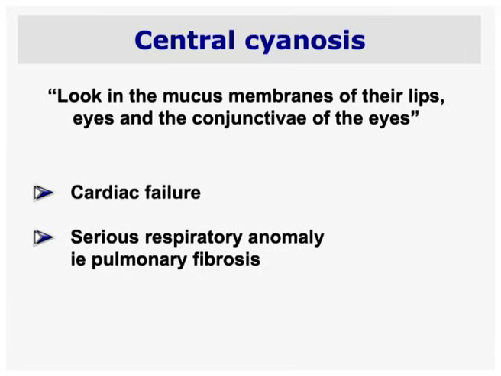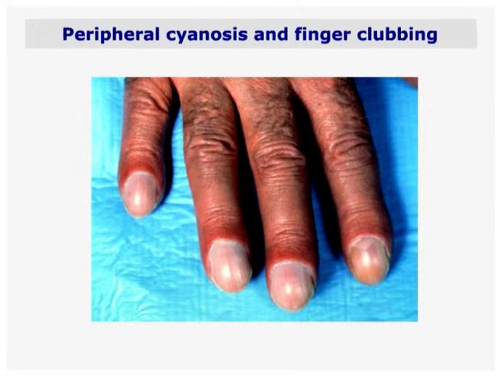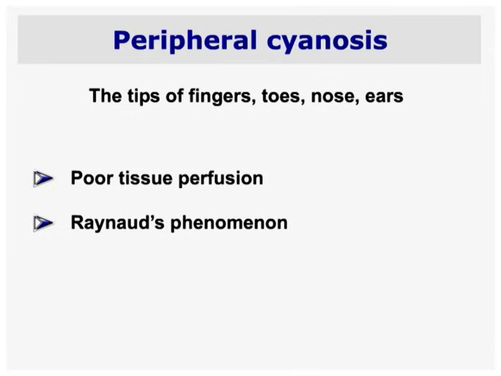Respiratory conditions include pulmonary fibrosis or any other condition which leads to a serious limitation of airflow. Peripheral cyanosis may be observed in the exposed areas such as the tip of the nose and ears, the fingers and toes. It signifies poor perfusion to these tissues and is often seen in those with Raynaud's phenomenon.